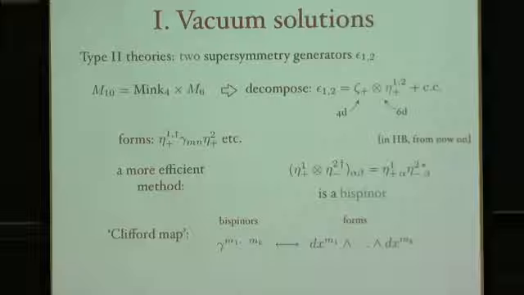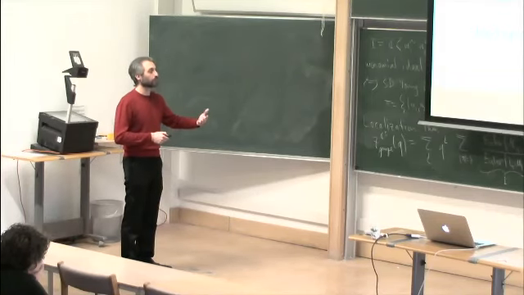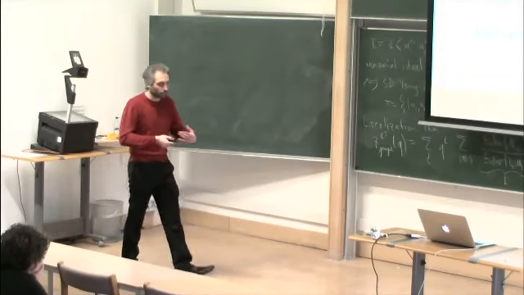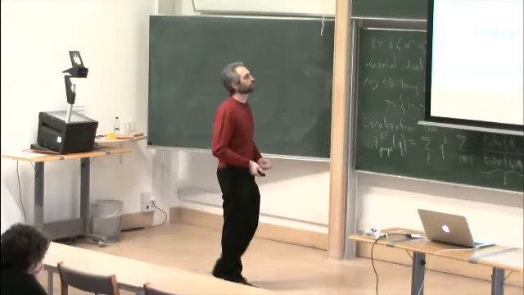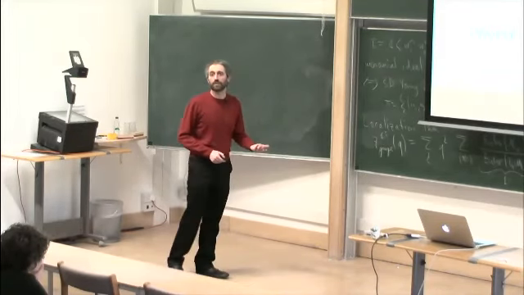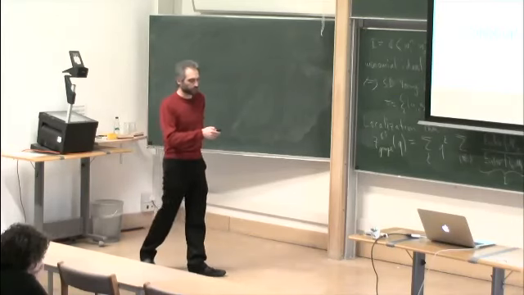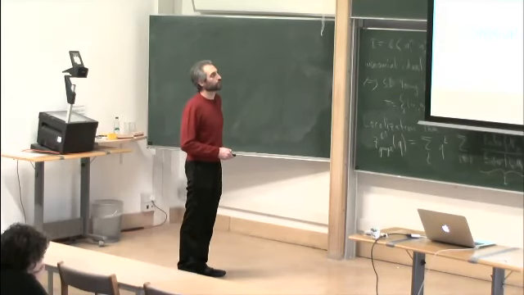In fact, we use it, for example, when we translate the Ramond-Ramond part of the spectrum. The Ramond-Ramond field, the way it originally comes out of the quantization of the string, would be a bispinor, but then we quickly translate it into a form, and we treat it as such. And so I'm just doing the same now with these guys.